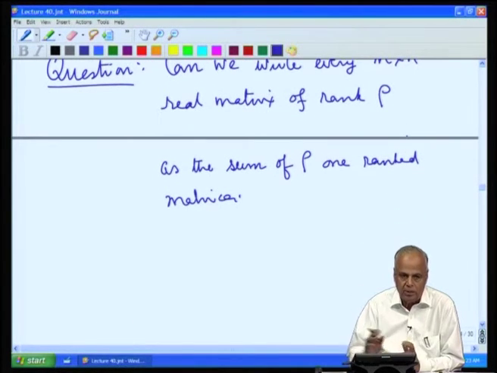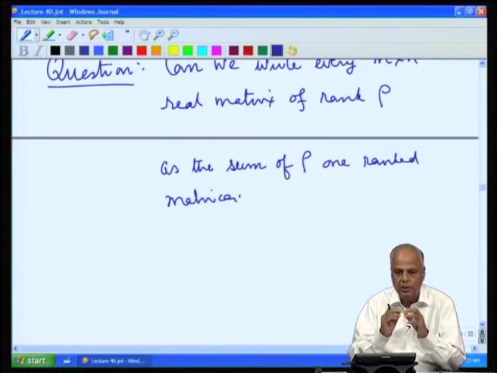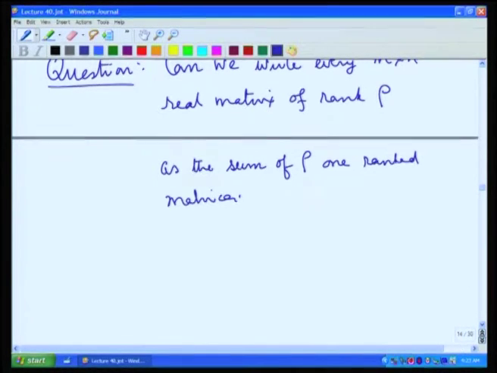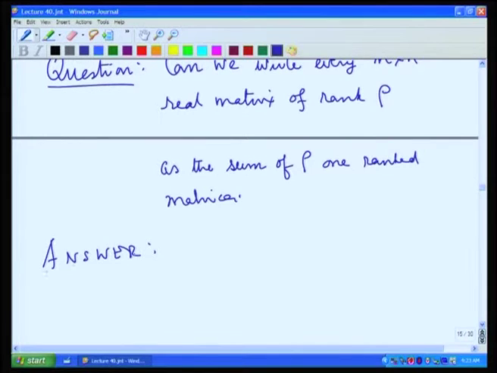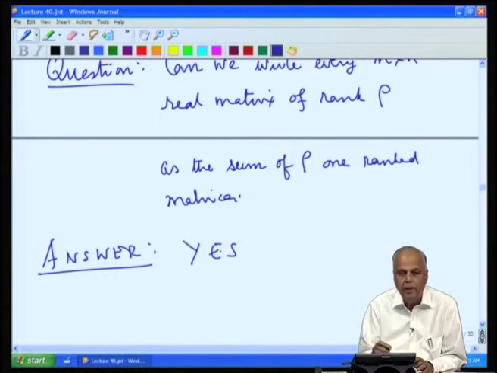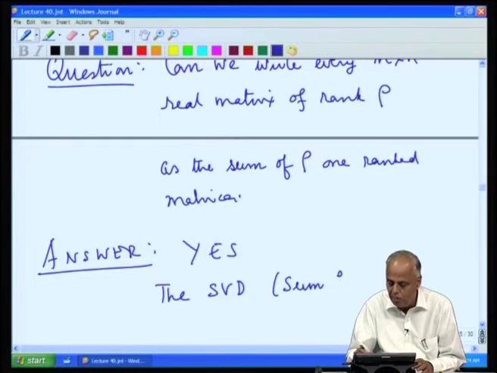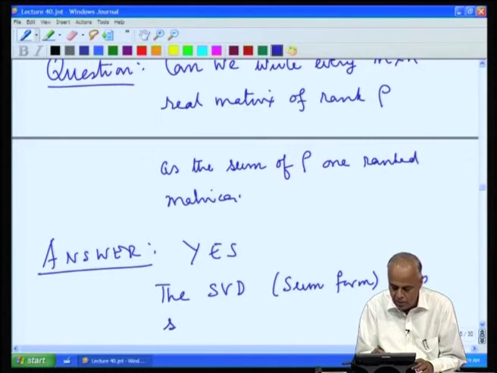This is the fundamental question of decomposing a rank rho matrix into rank 1 matrices, and the answer we got was yes. Precisely, the SVD, we got the SVD in two formats, and the sum form of the SVD gives such a decomposition.